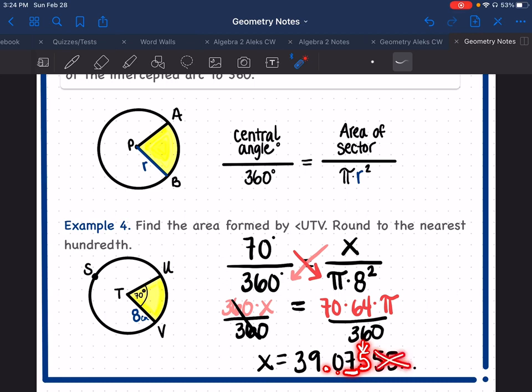These fives and everything else that was over there in my calculator didn't matter. So should it be 39.07 or 39.08? 5 or more, add one more. So I'm going to say 39.08, and it's centimeters squared because we're talking about area.